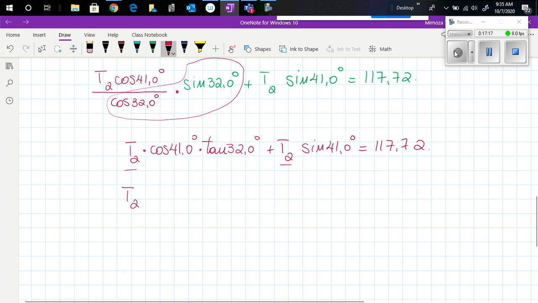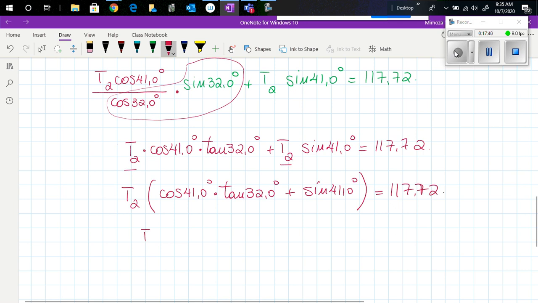The common factor here is T2. So if you factor out T2, then you will have cosine 41 times tangent 32 plus sine 41 equals 117.72.